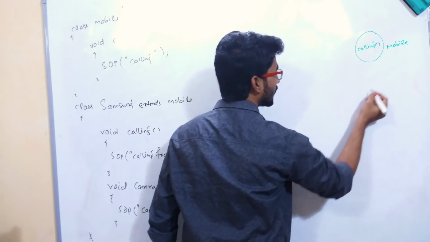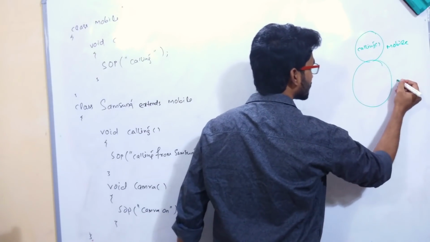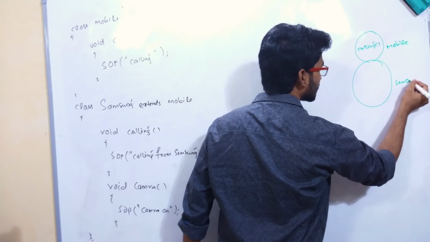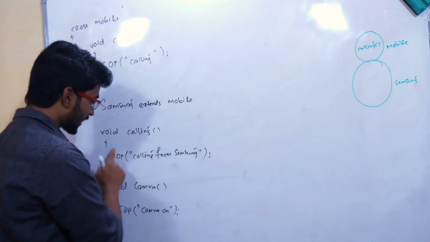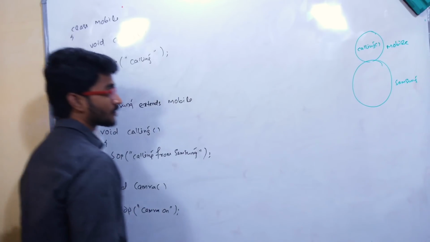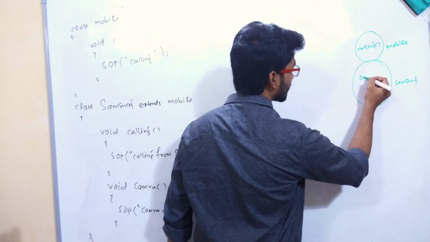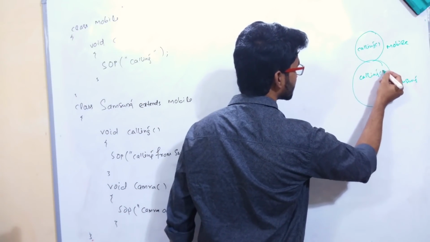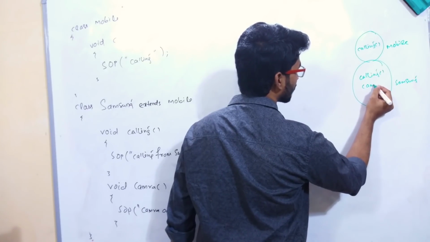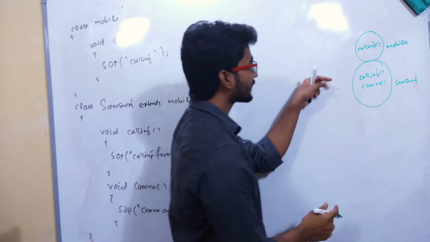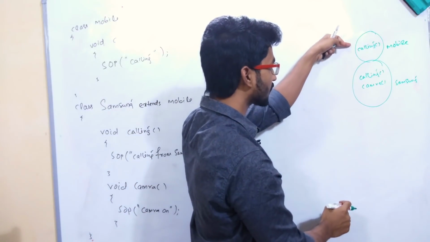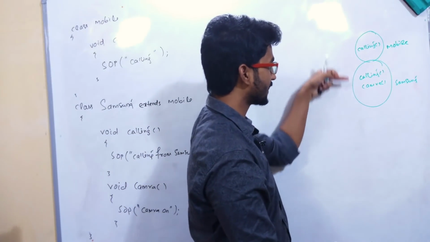And I have another class called Samsung, where I'm overriding the calling feature, and I have another method called camera. So it has two functions, calling and camera. Think of this as my inheritance tree: the superclass is Mobile, and the subclass is Samsung.